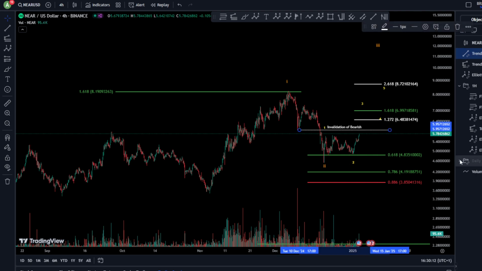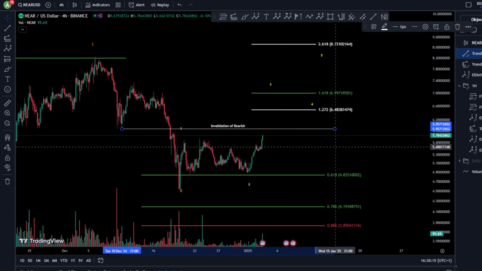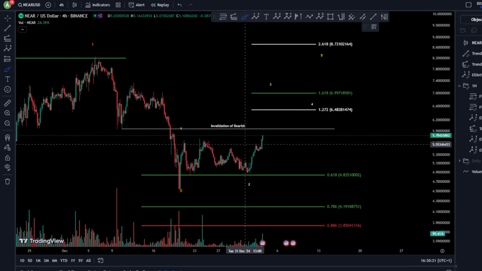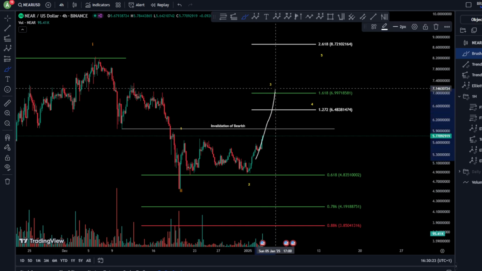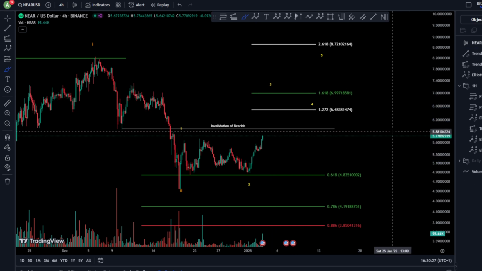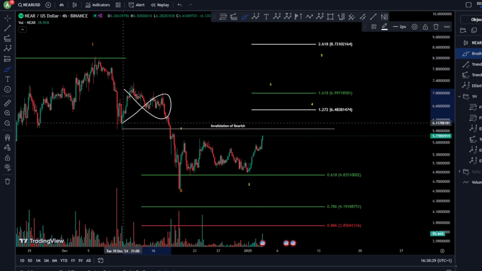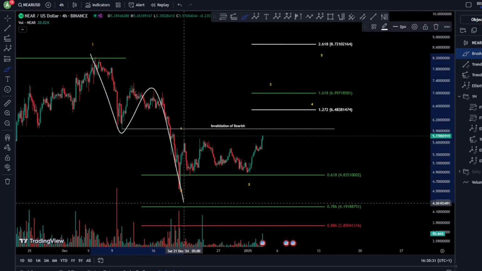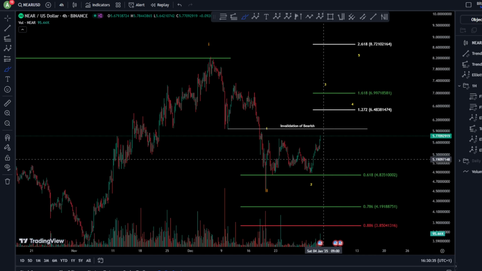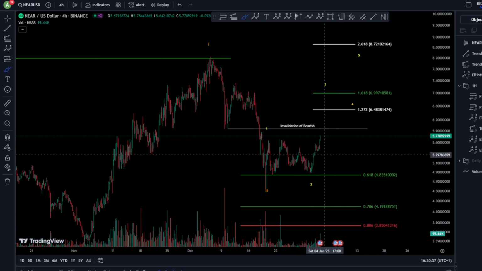Which is at 5.95, which is very close to reach. In case we reach this price, you can make sure we are moving toward the upside and moving to hit the 1.618. And invalidation of any kind of impulse, this is an ABC, and then continuation for the move for higher prices. So that was it for NEAR.